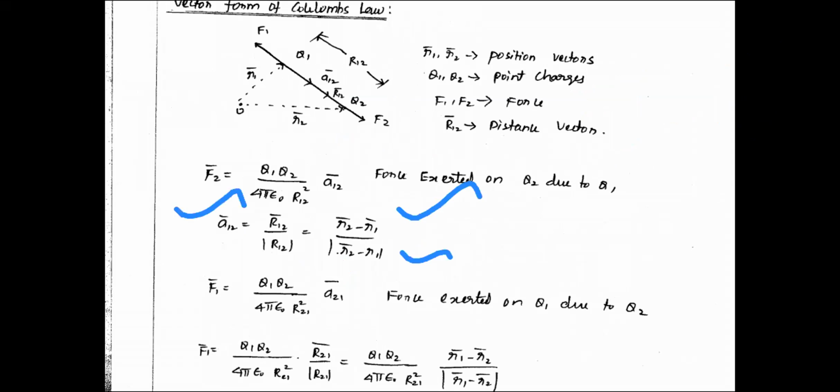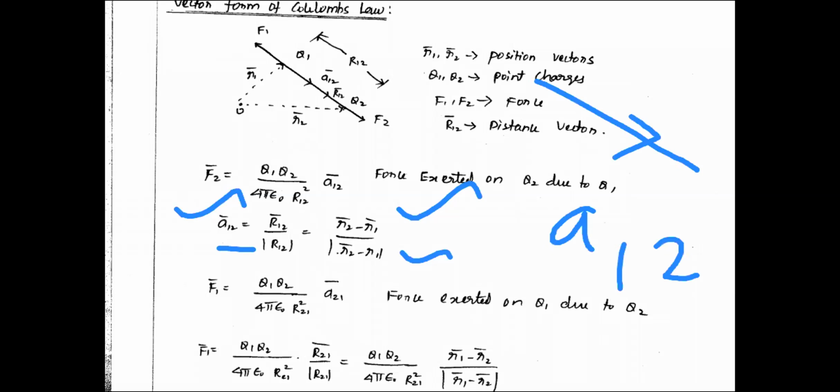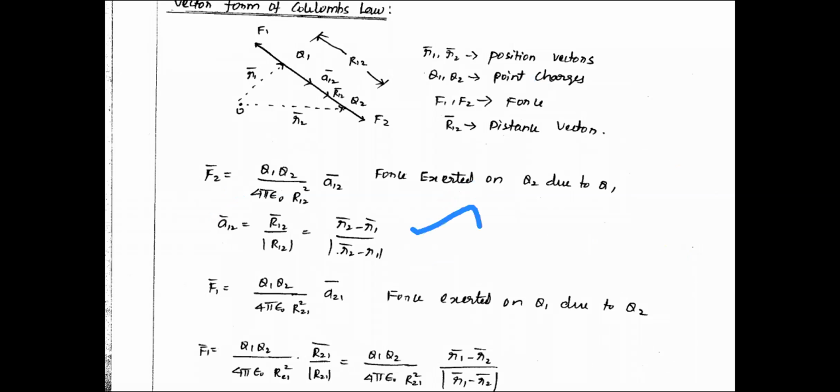Say they have given A12 vector like that. But please note that here they are using it in the opposite way. A12 they are indicating like a vector that is going in this direction. Again, they are telling force on Q2 due to Q1. Initially I told it in a different way, but it's okay, you follow some notation. So finally, this is my vector.